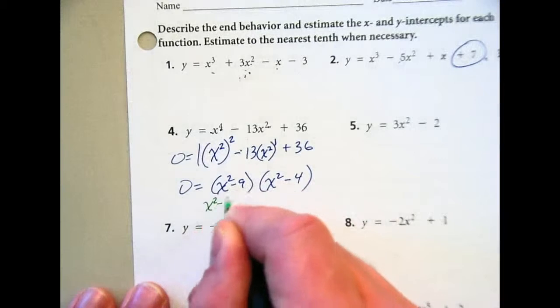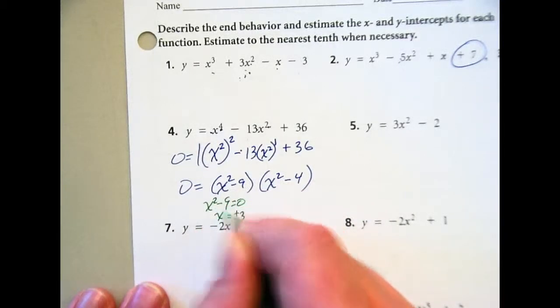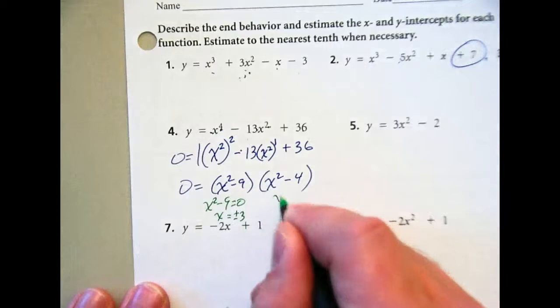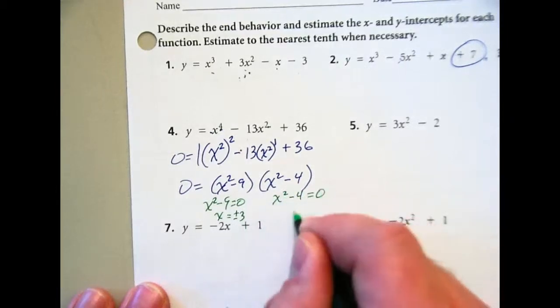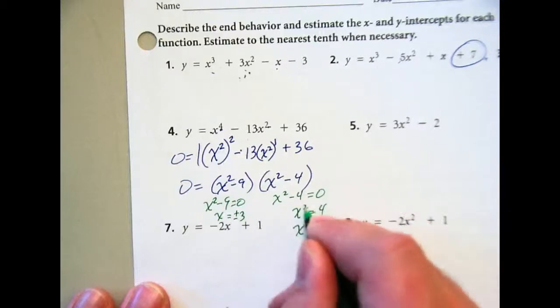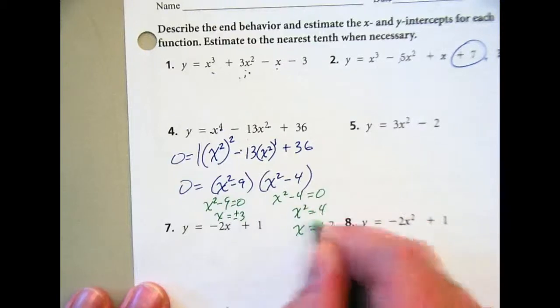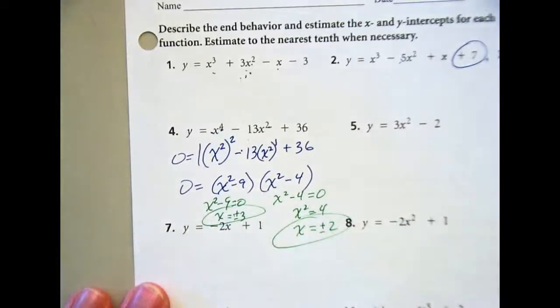X squared minus 9 equals 0. So x equals plus minus 3. You add 9, take the root. X squared minus 4 equals 0. Once again, you add 4 and then take the root. And when you impose an even root, it's plus minus. Those are your 4 answers. It's a 4th degree. You could potentially have 4 answers.